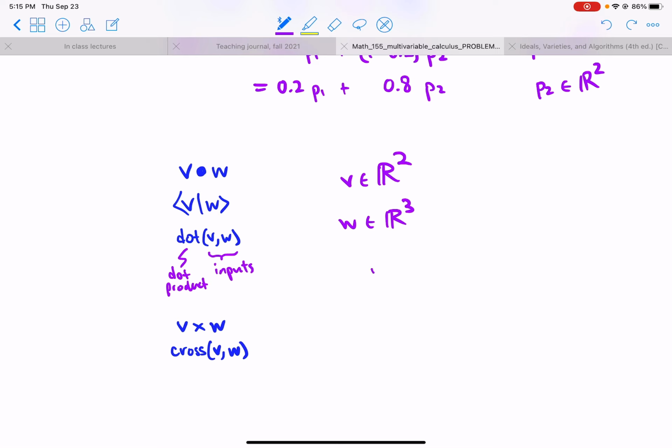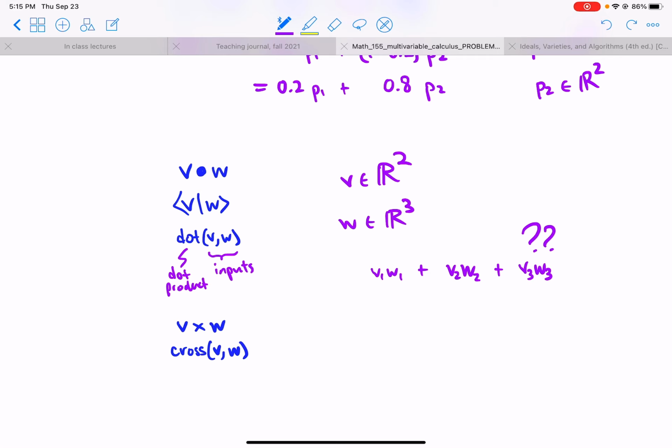Because the formula is, the first components multiplied and added to the second components multiplied and added, to the third components multiplied and added. But if W has a third component and V does not have a third component, like, what are we going to do here? What is V3? It doesn't even exist because V is only a two-dimensional vector.